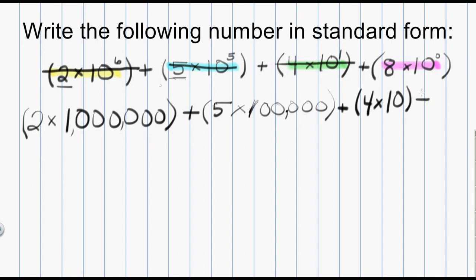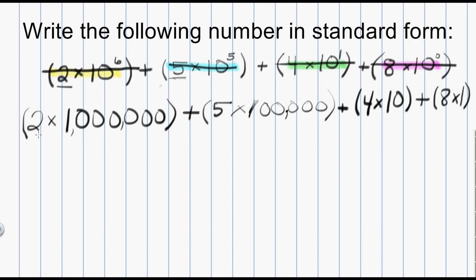I'm almost out of room, but I think I can get it on here. 8 times 10 to the 0 power is going to be 8 times a 1 followed by no zeros. So it's 8 times 1. It's raised to the 0 power, so that tells me to put no zeros after the 1. And we'll cross that off.